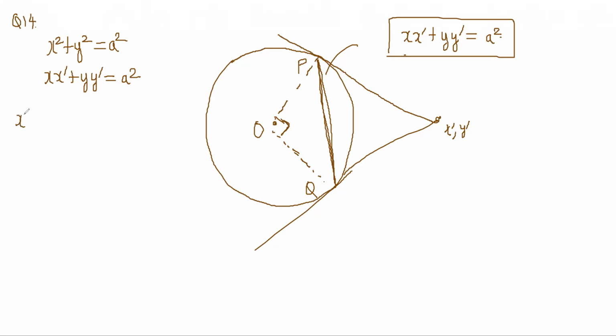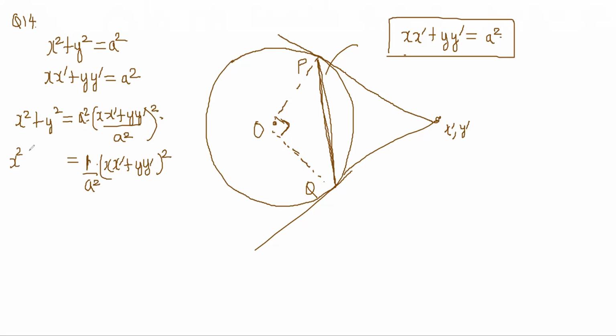So one way to do it is simply to homogenize: a² into (xx' + yy')/a² whole square. So what you will get is (1/a²)(xx' + yy')² equals x² + y².